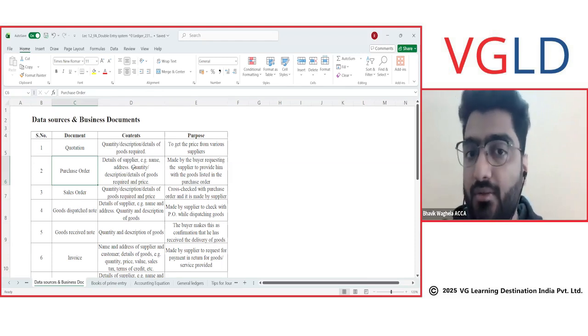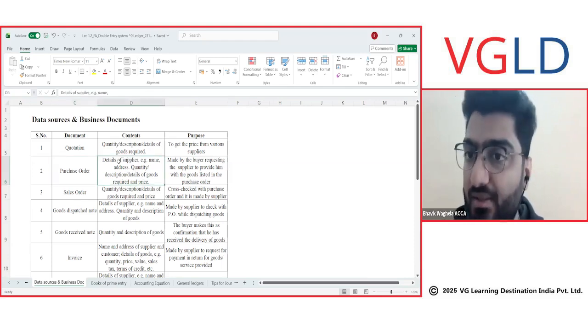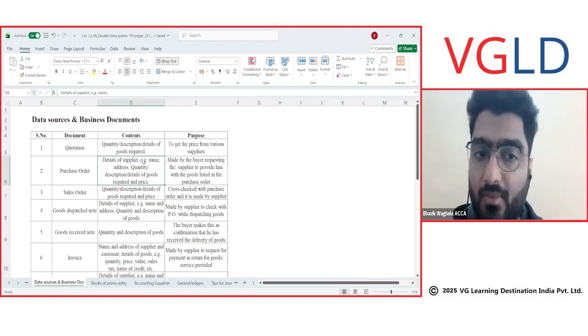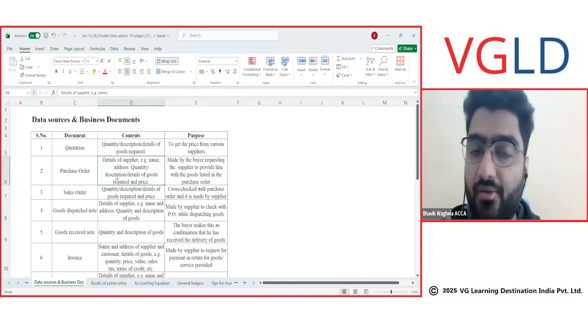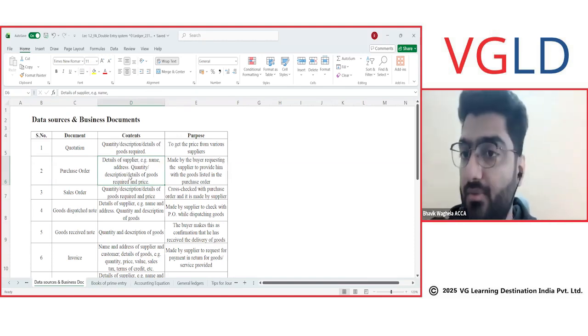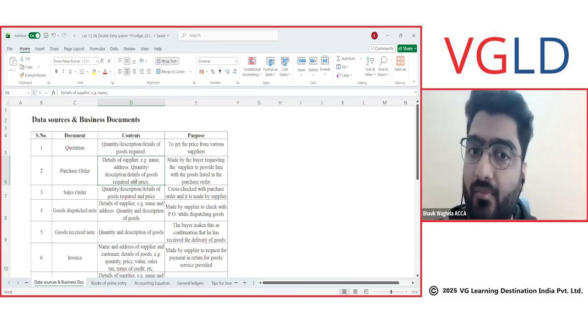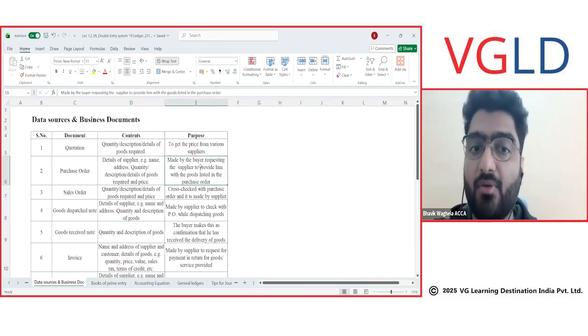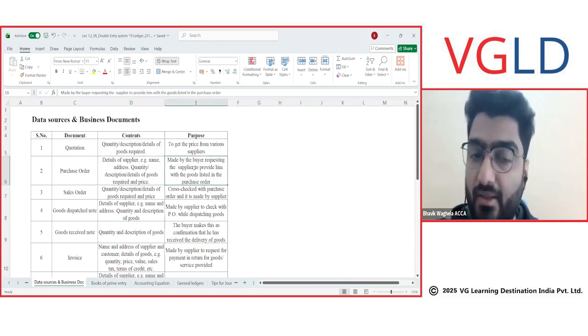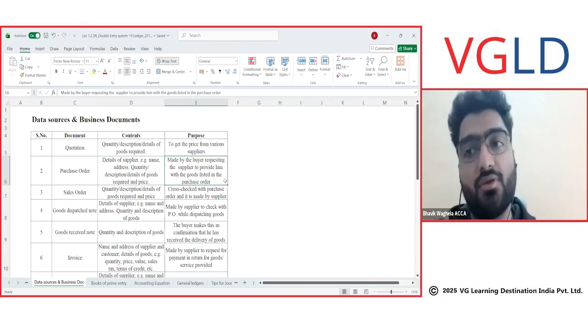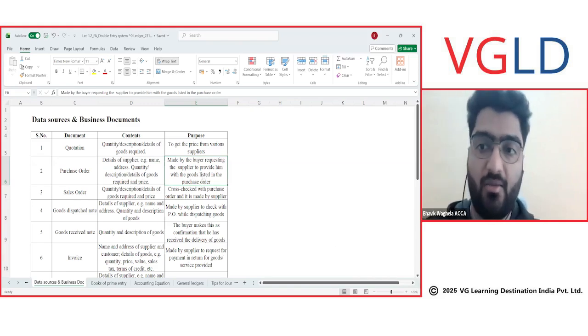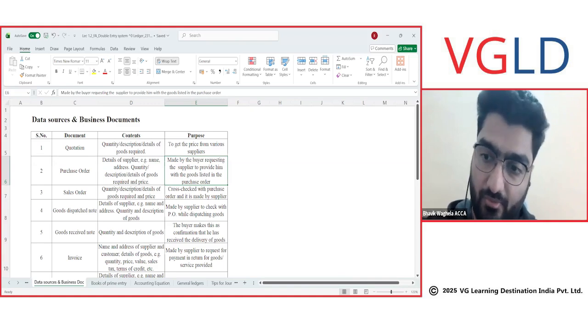It contains details of the supplier, such as name and address, quantity, description, details of goods required, and price. A purchase order is made by the buyer requesting the supplier to provide the goods listed in it: please supply me with the following goods.